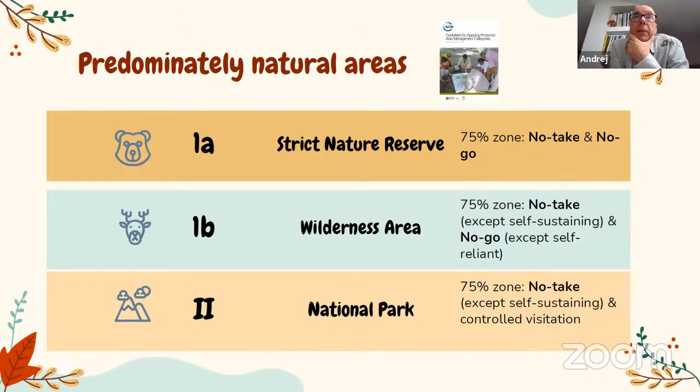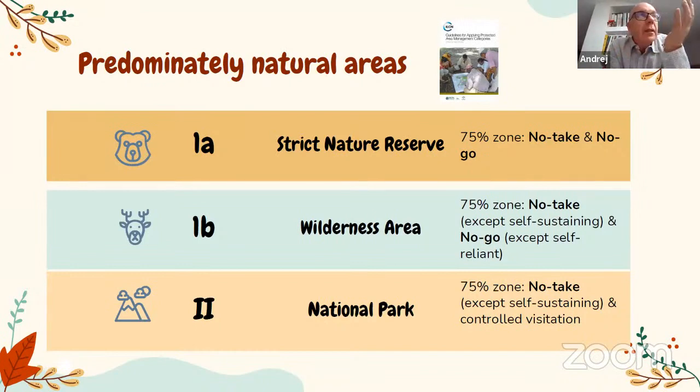Then we have the wilderness areas, which are big areas, fully or to a high percentage natural, where it is important not only that nature is in a fully natural state, but that we promote the feeling of wilderness, of solitude, of appreciation of nature without any disturbance.